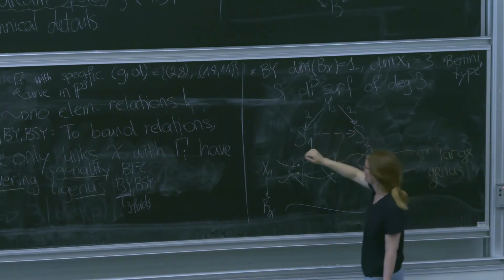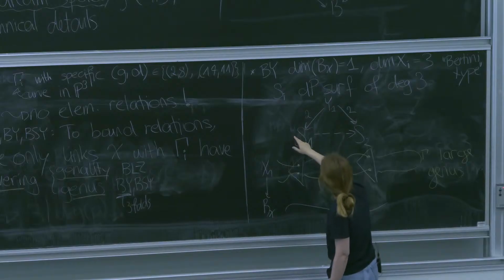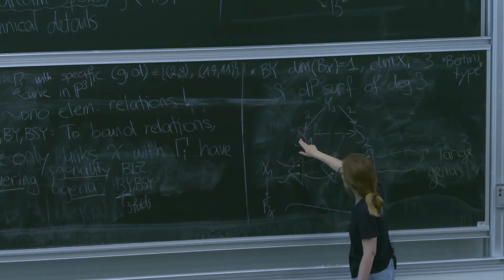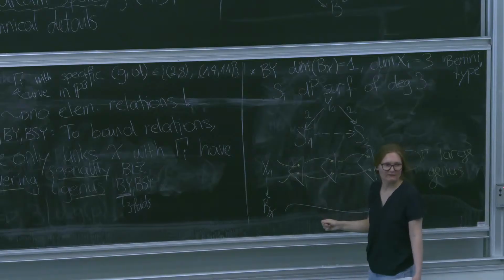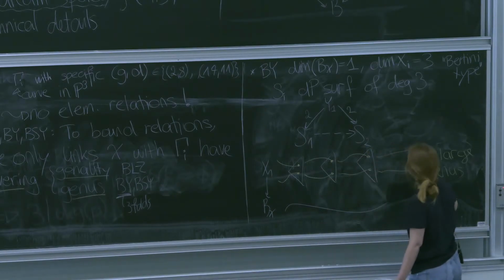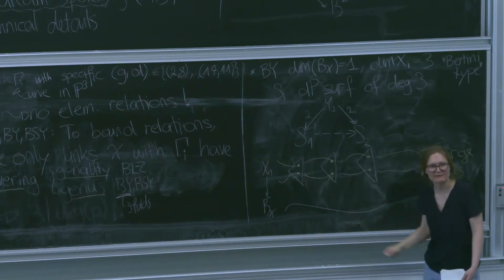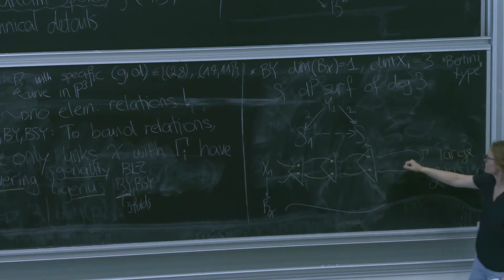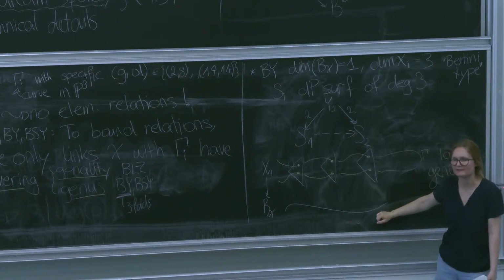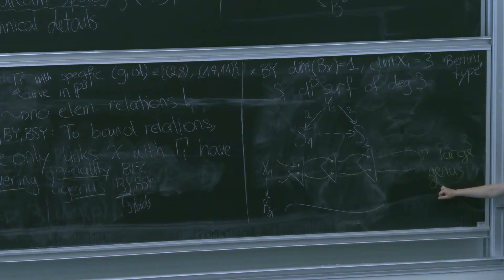But now, if we blow up just a point of degree 1, then the curve that we have here is a section. If we have a section, then this curve has the same genus as the base. So in this way, we cannot have a large genus.